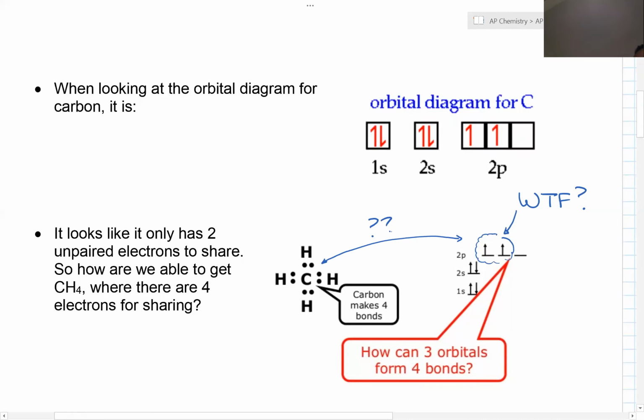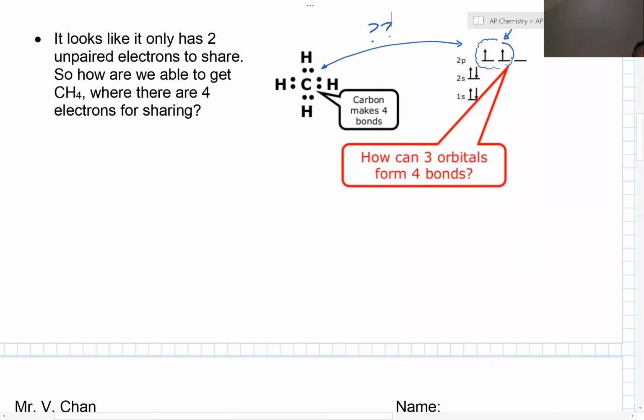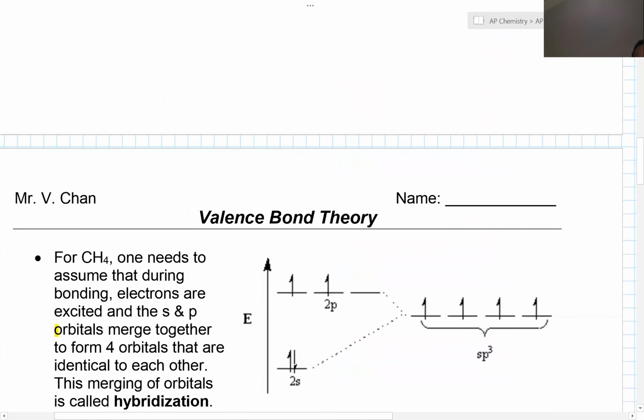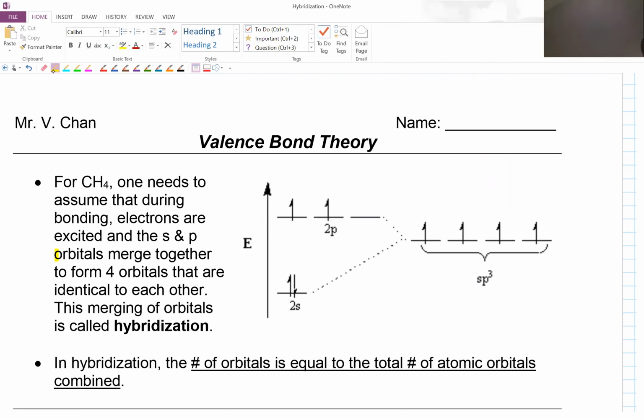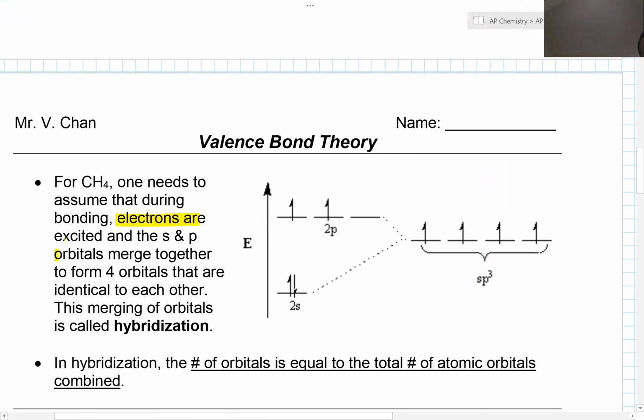Okay, so the idea that came up is something called hybridization. In this case, for CH4, one needs to assume that during bonding, electrons are excited and the s and p orbitals merge together to form 4 orbitals that are identical to each other. Okay? This merging of orbitals is called hybridization.